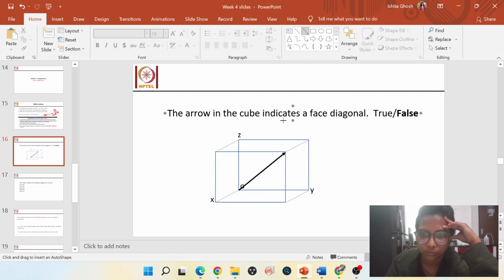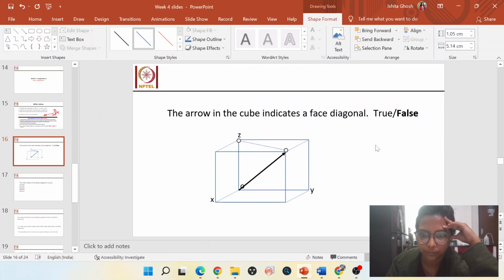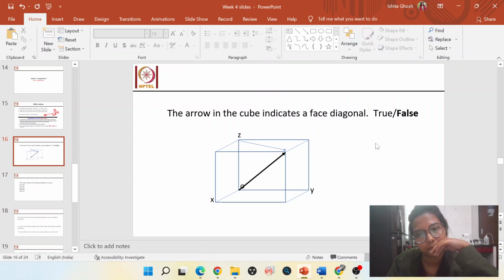But if I draw something like this, then what will this be? If I draw from here to here, this will be a face diagonal.